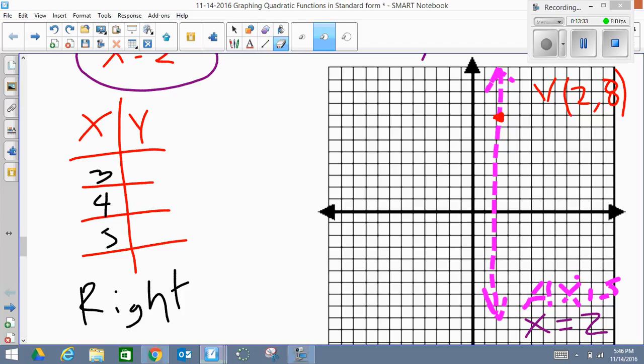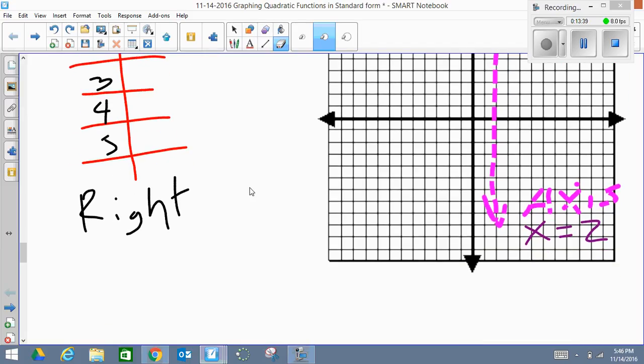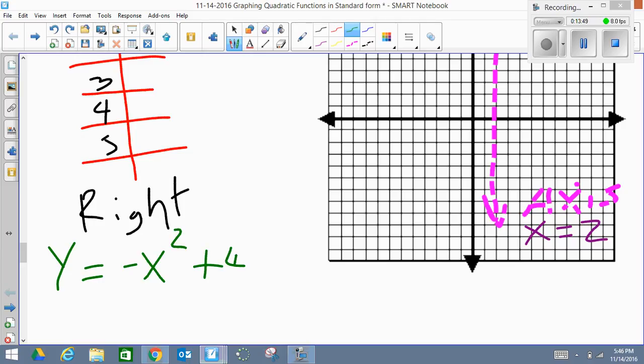As soon as I put my x values, I need to go back and plug them into the original equation. My original equation was y equals negative x squared plus 4x plus 4. So I'm going to have y equals negative, and instead of the x, I'm going to bring my first value, which is 3.